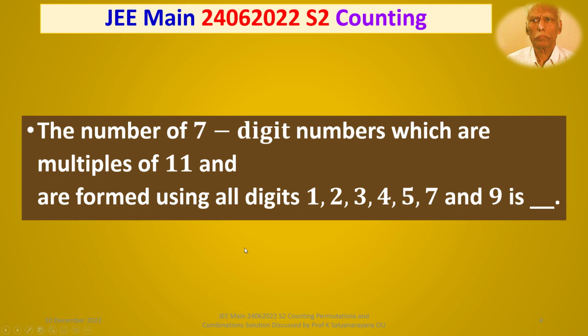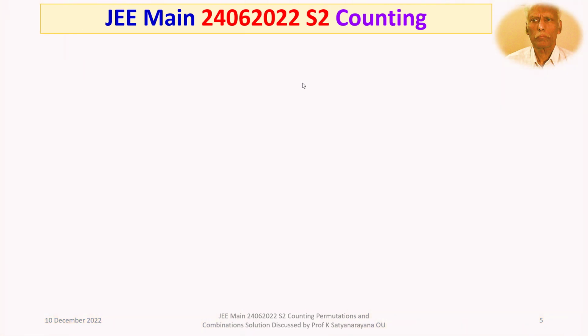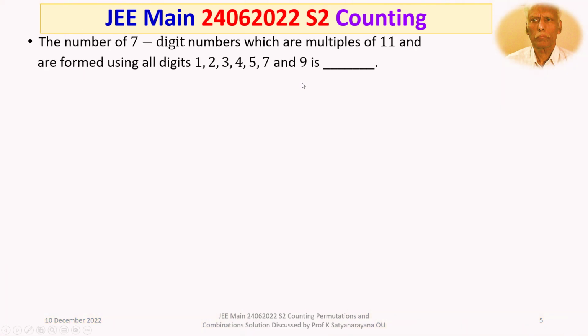So we have to count the number of 7-digit numbers which are multiples of 11 which are formed using these digits 1, 2, 3, 4, 5, 7 and 9 with no repetitions. We now discuss the solution of the problem in detail.